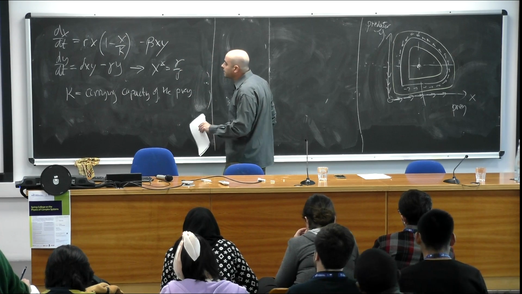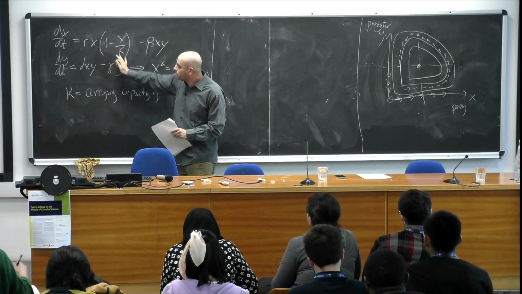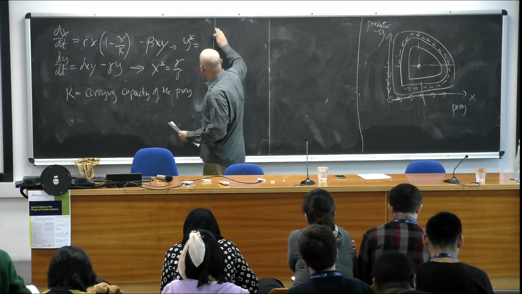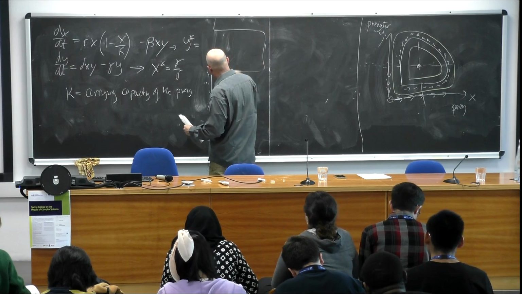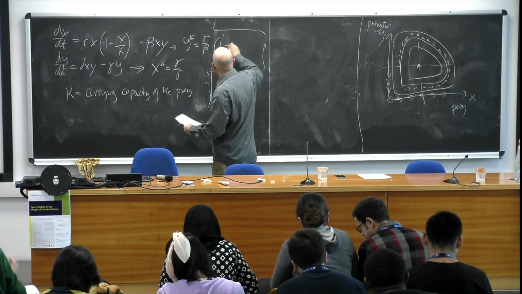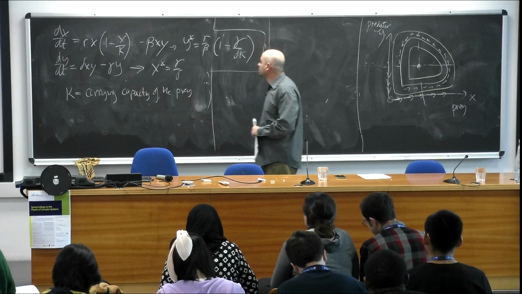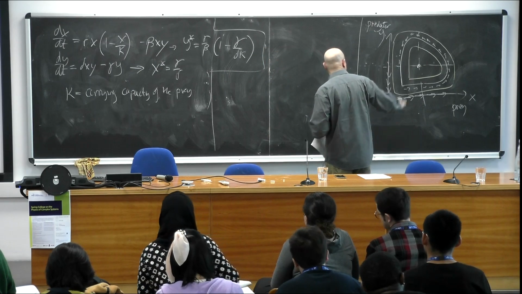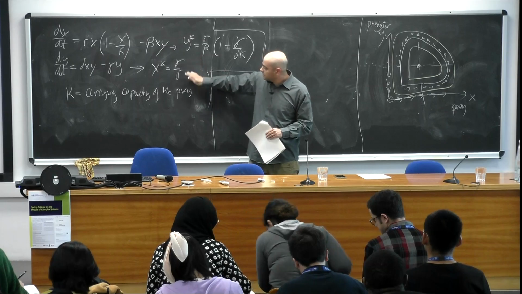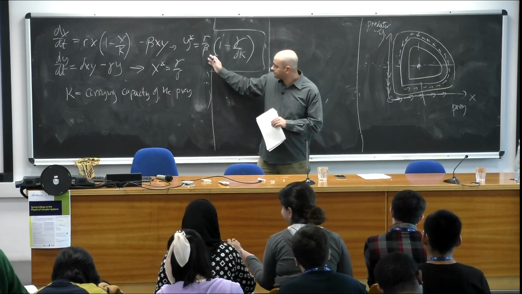But dx/dt equals 0 now renormalizes our y star, which is r over beta, times 1 minus gamma over delta K. Actually, it's this line that moves, not this line. Sorry about that. But this is the new fixed point of the system.